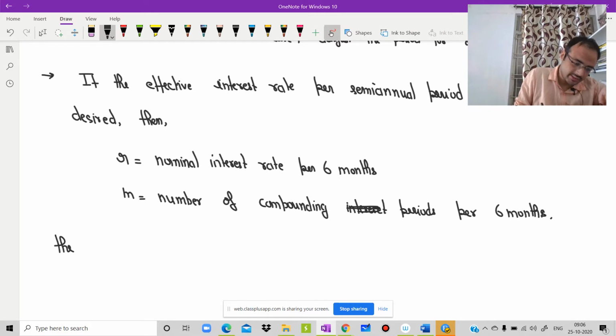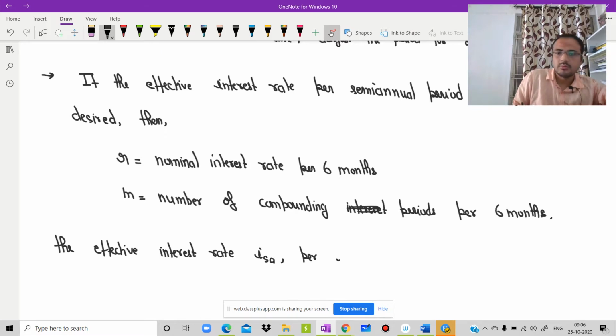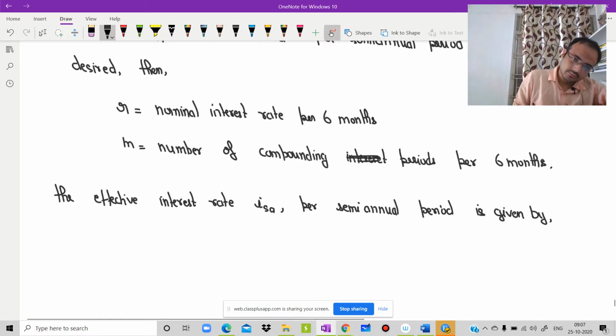Then the effective interest rate per semi-annual period, I_SA, is given by I semi-annual equal to 1 plus R by M, to the power M, minus 1.